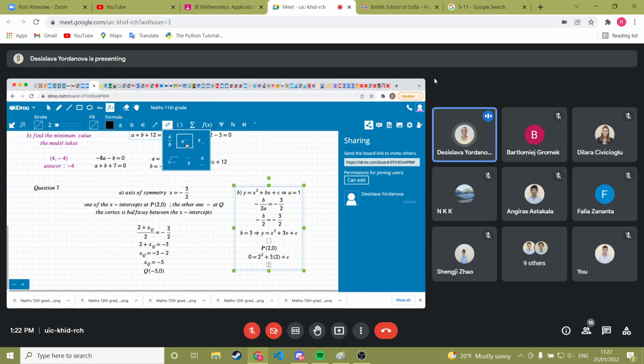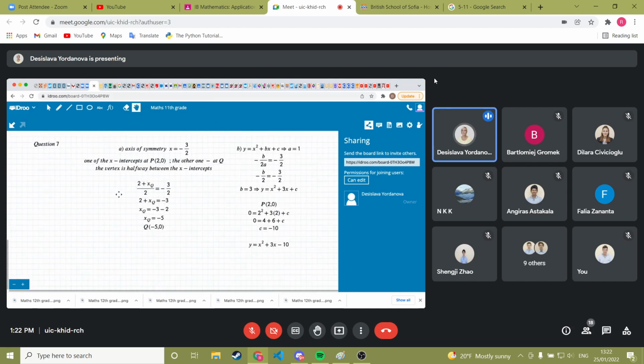Or 0 equals 4 plus 6 plus c, and c equals -10. Finally, the equation is x squared plus 3x minus 10. And that's how you find b and c.